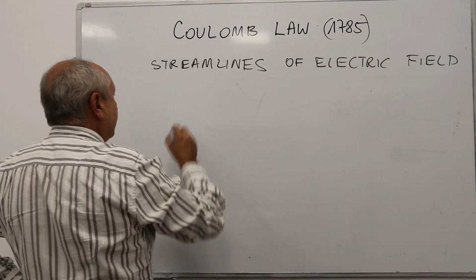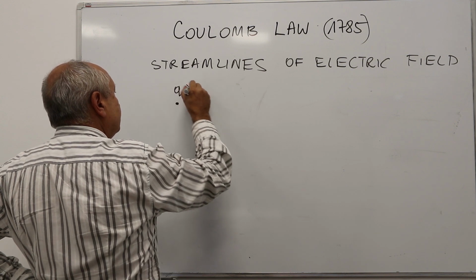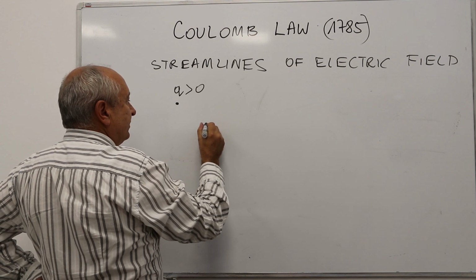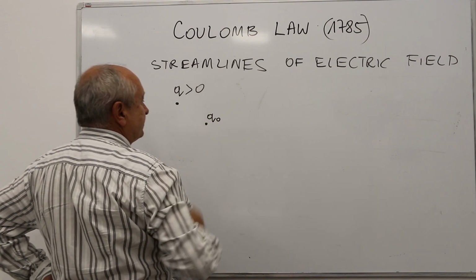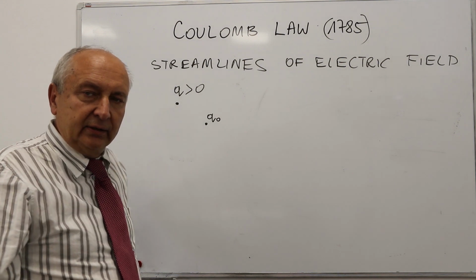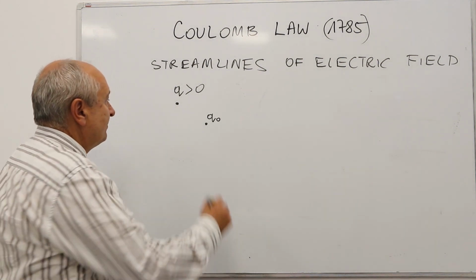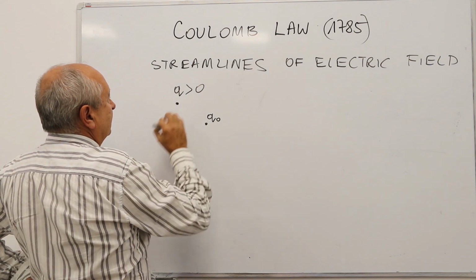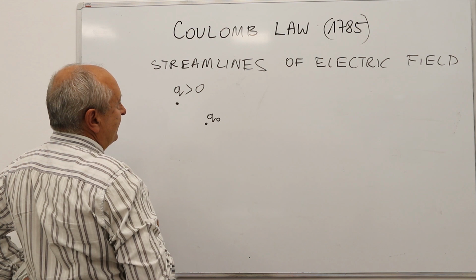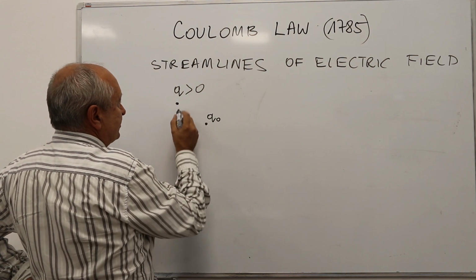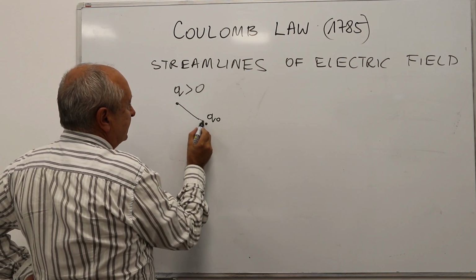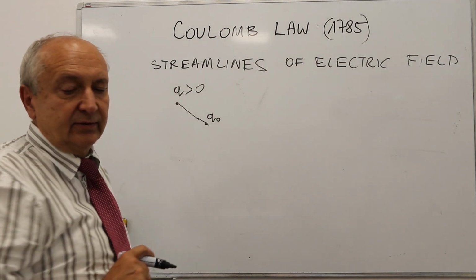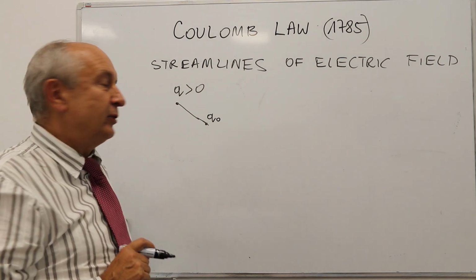Let's make the rule. We put in the field, in the space, charge Q0 and let it free to move. In the case that we have a positive charge in this point, such a charge, positive Q0, is a probe charge, test charge, positive and small.